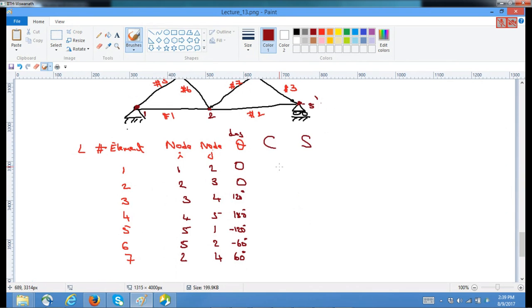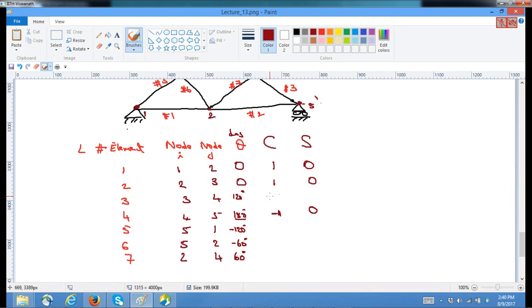Cos 0 is 1 and sine 0 is 0. However, when you look at this one, this is minus 1 and this is 0.